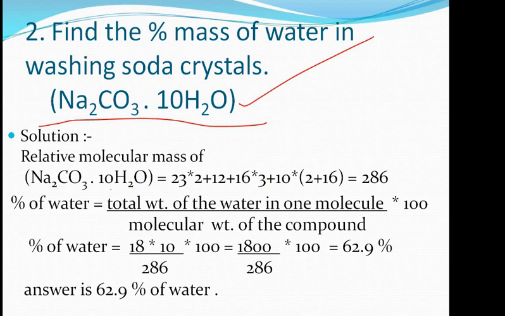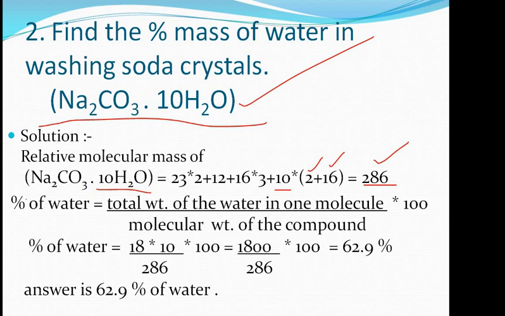But in this case, 10 H2O molecules are present with this Na2CO3. So H2O, 2 for hydrogen and 16 for oxygen atom. So this is added up, the mass of the 10 H2O molecules. Now the complete value is 286. The relative molecular mass of washing soda crystals is 286 here.